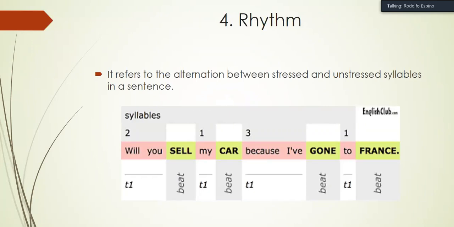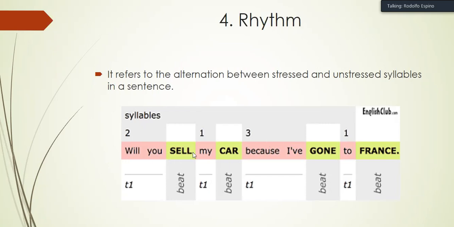Rhythm, it's simply just like in music, right? Rhythm is a beat, the difference between different sounds and pitches. So in this case, you have, in yellow, all the words that should be pronounced, let's say, more loudly than the others.